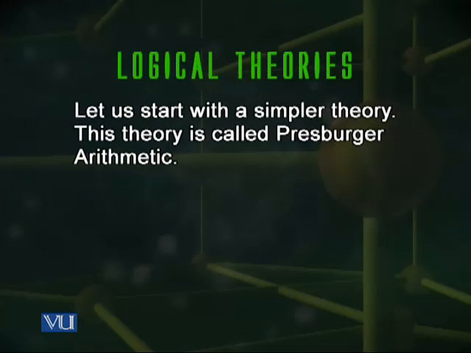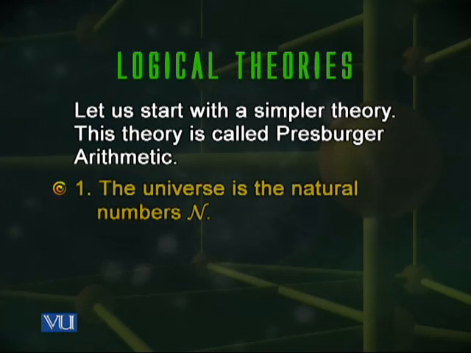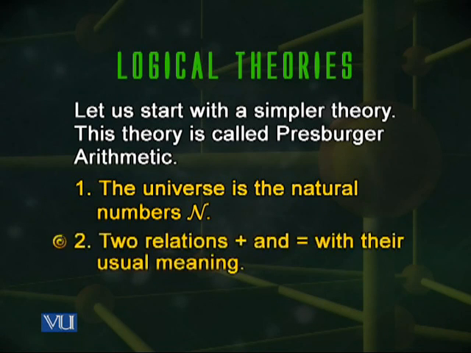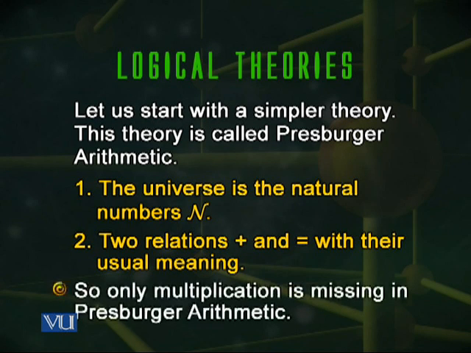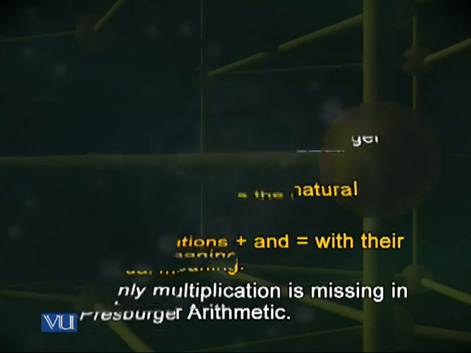This theory is called Presburger arithmetic, and the universe once again is natural numbers. There are 2 relations, one is plus and the other is equality with their usual meaning. So only multiplication is missing in Presburger arithmetic. What kind of sentences can we write in Presburger arithmetic? Well, you can write formulas which use plus and equality.